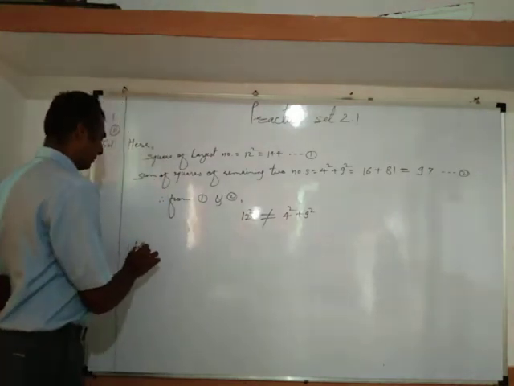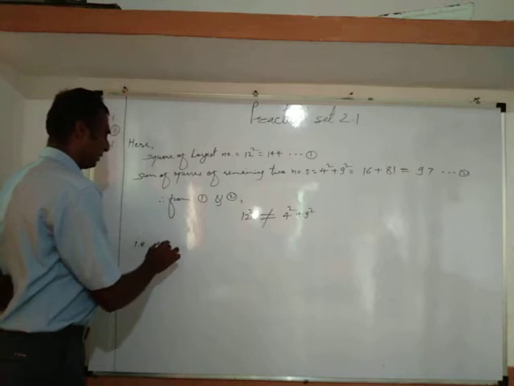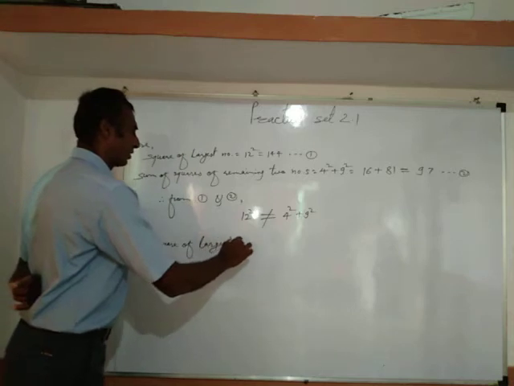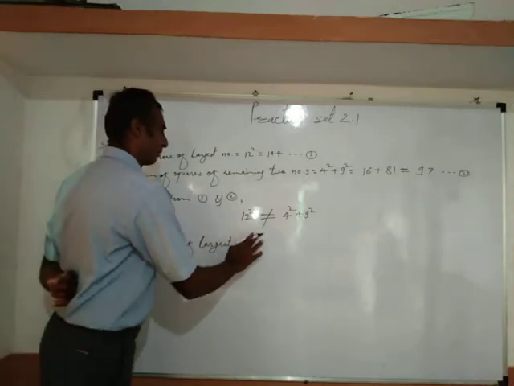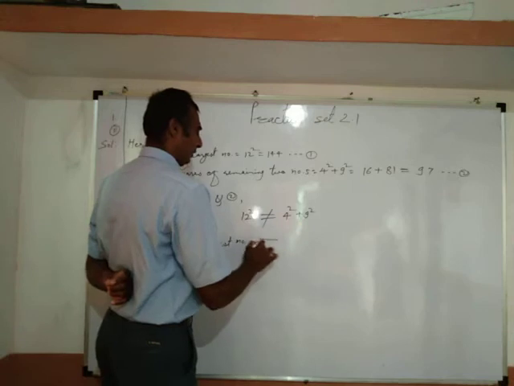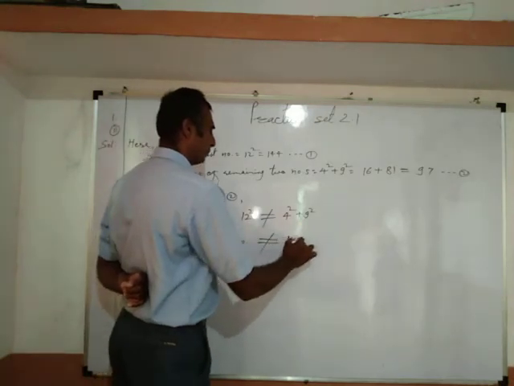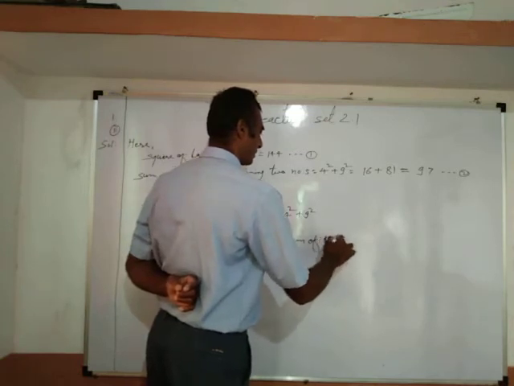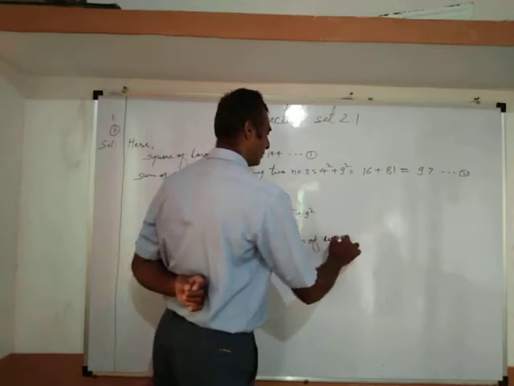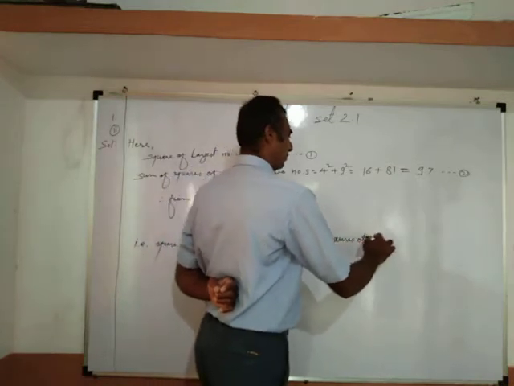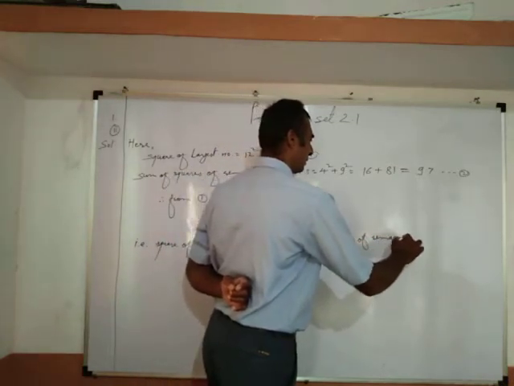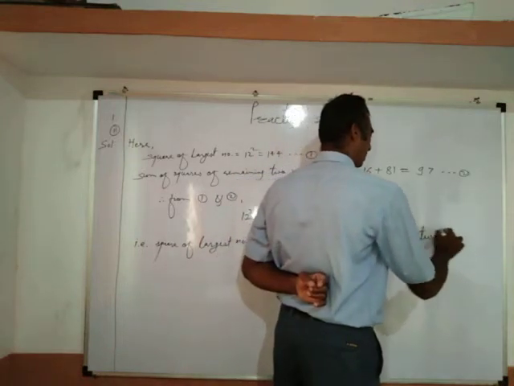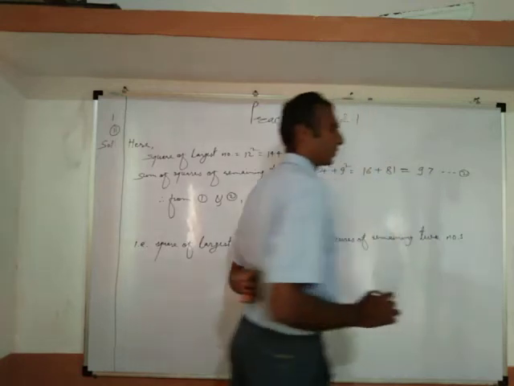That is, the square of the largest number is not equal to the sum of the squares of the remaining two numbers.